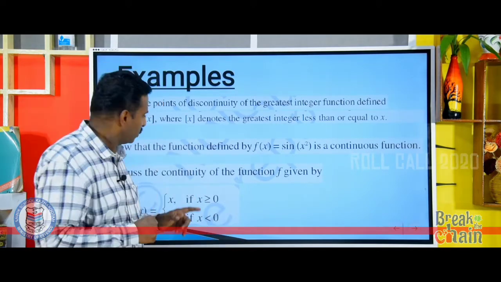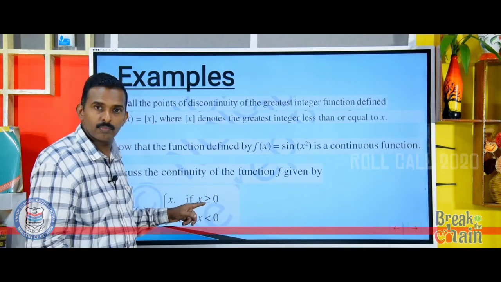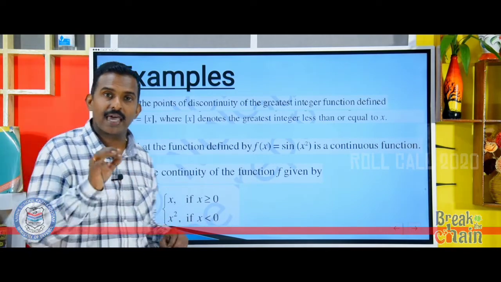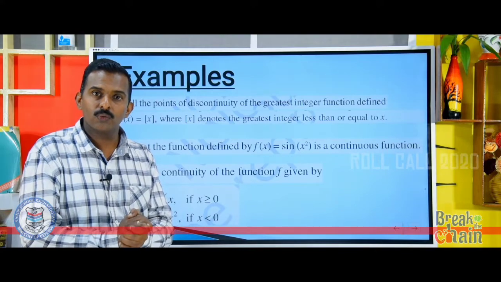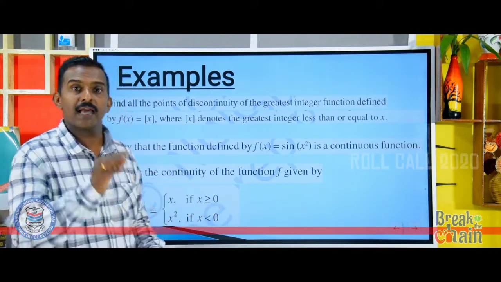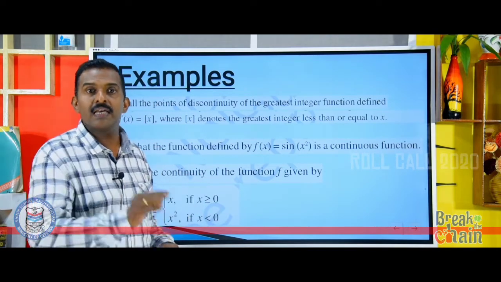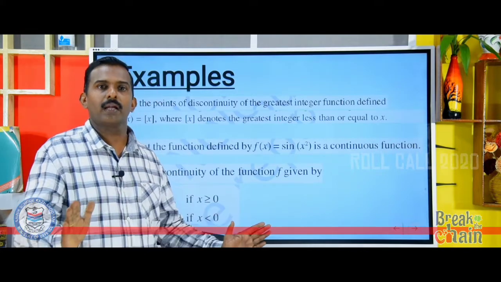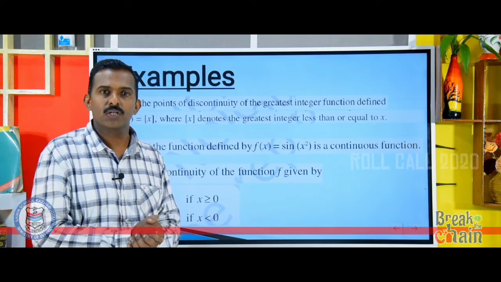And the function value is also 0. Therefore, as far as x equal to 0 is concerned, the limit value is equal to the function value. Therefore, this function is continuous at x equal to 0, and hence this function is a continuous function, because it is continuous in its entire domain. Therefore, this is another example of a continuous function.